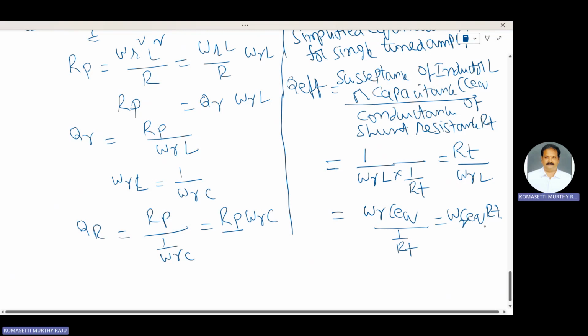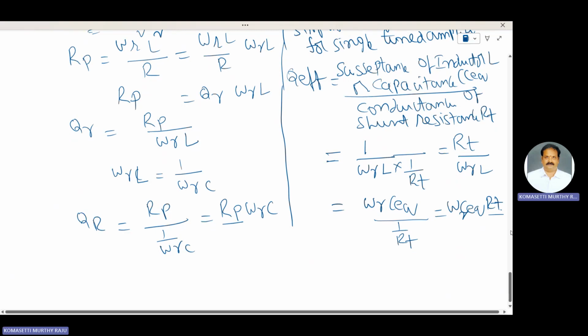Here RP is included. Here RT is included. This RT belongs to output resistance of the first stage, input resistance of the next stage, and also RP. Here only includes RP.